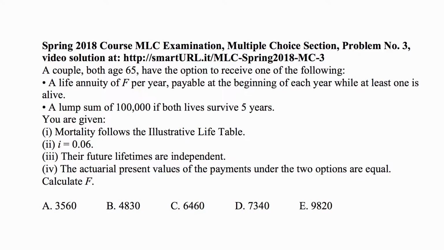So you can use the single benefit premium for life insurance or life annuity or endowments or anything from the table with this interest rate. The future lifetimes are independent, and the actuarial present value of the payments under the two options are equal. Calculate F.